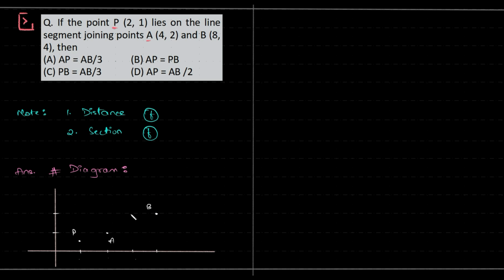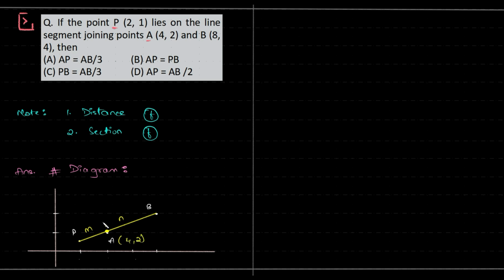Again, it need not be that we have all of them as A, P and B. P being somewhere along the line, it need not be that. So here P and B are extremes and we have M is to N. Sorry, this is 4, 2.